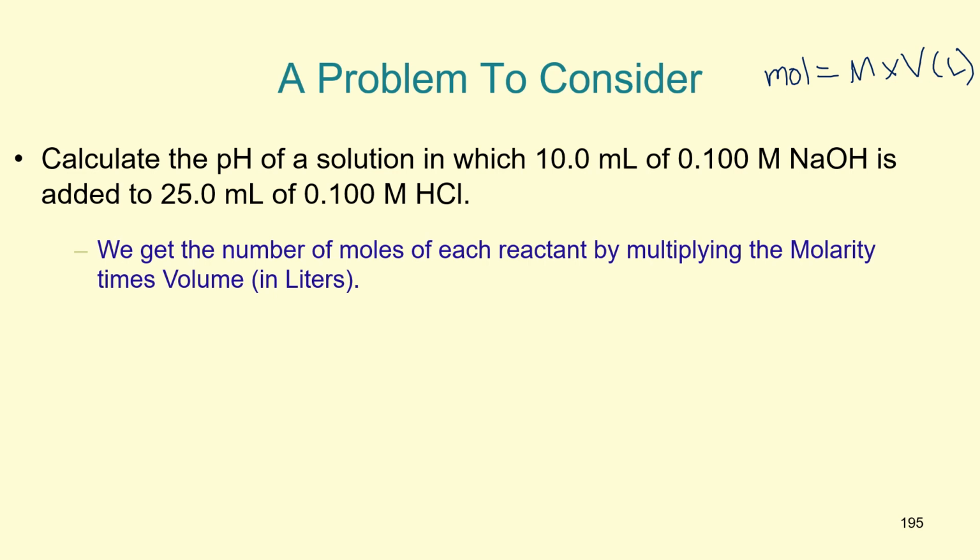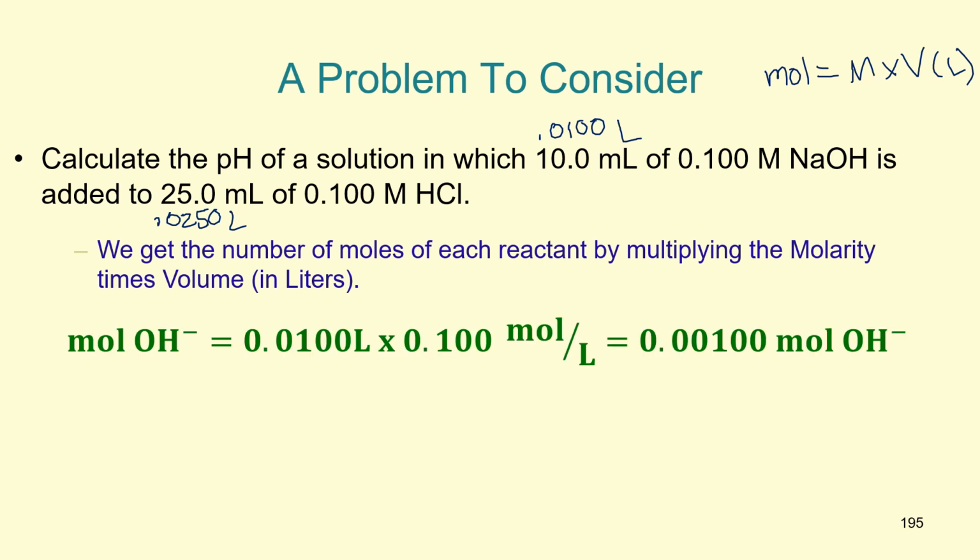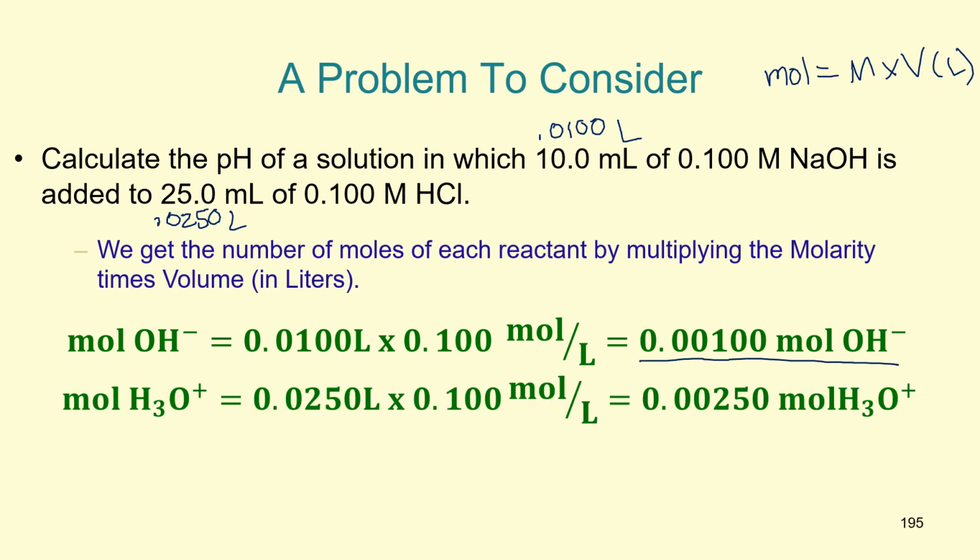So we want to convert this to liters: 0.0100, and this is 0.0250 liters. If we multiply 0.0100 liters times 0.1 molar, we have added 0.001 moles of OH. How much HCl have we added? 0.00250. Obviously, we're not to the end point yet because we have more acid than base.